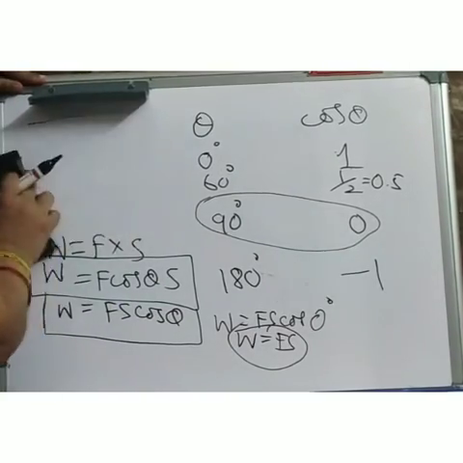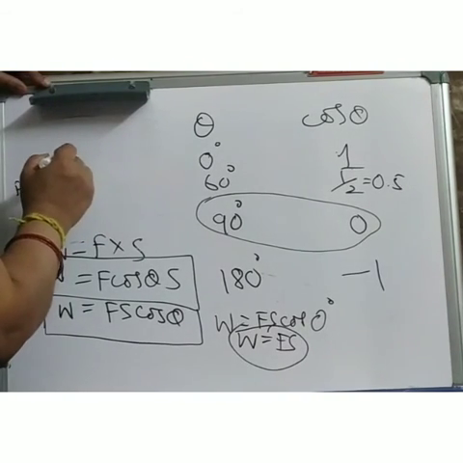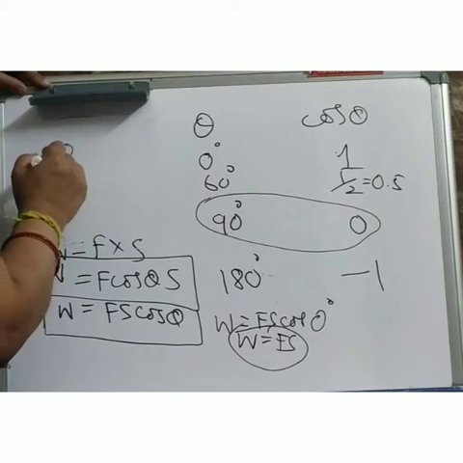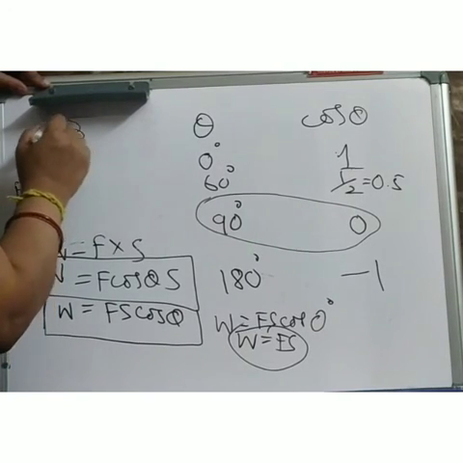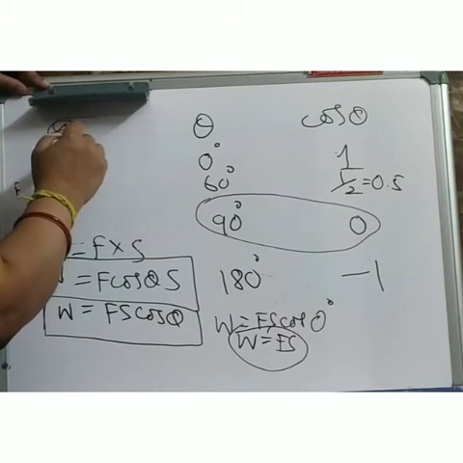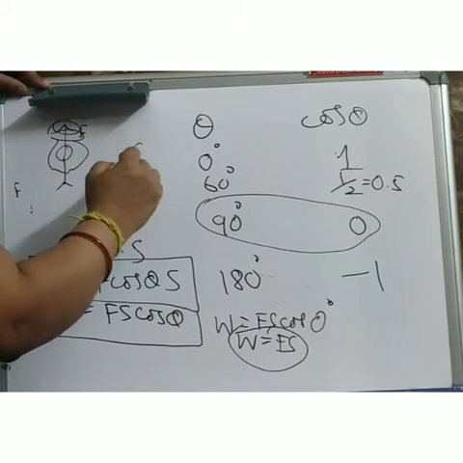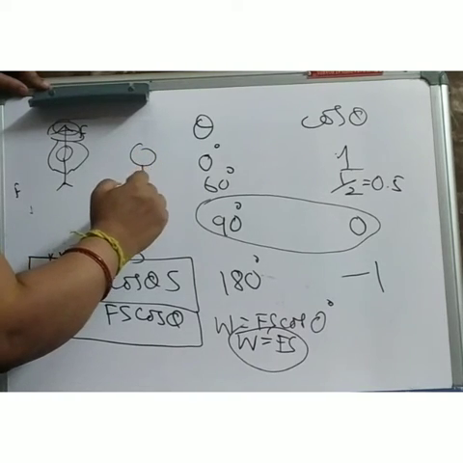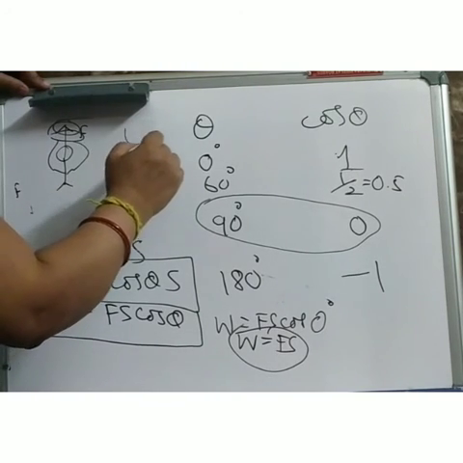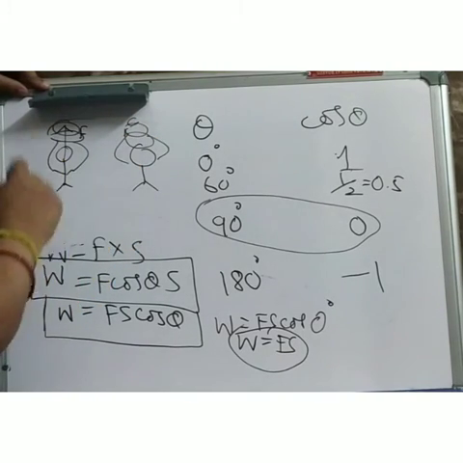Okay. Suppose you have seen a pulley. Pulley will be here. So many luggages. So force applied is in this direction, but luggage is moving like this. After some time what you will observe? Pulley will be here and luggage will be here.